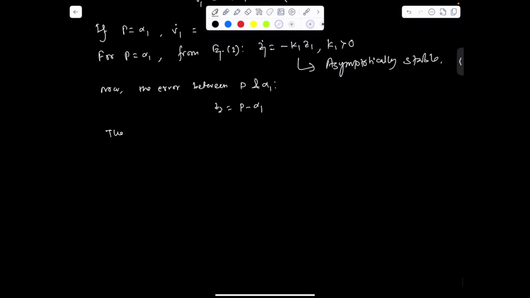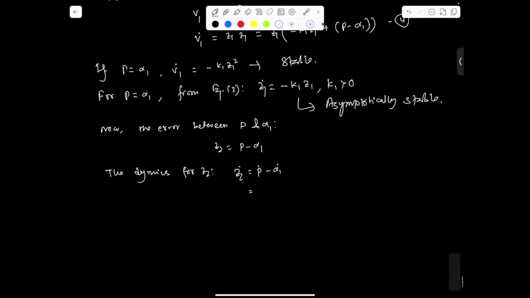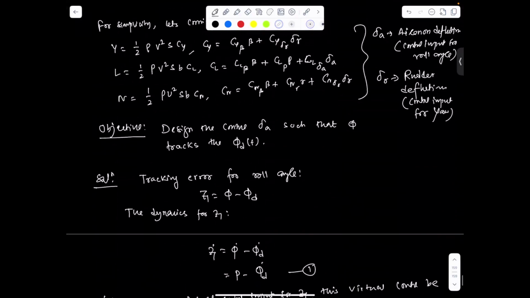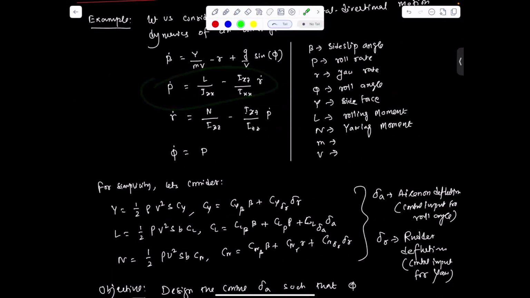And the dynamics for G2 we can write as G2 dot equal to P dot minus alpha 1 dot. In place of P dot, we can substitute this expression.